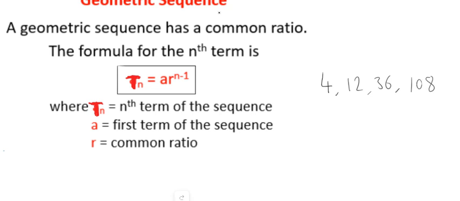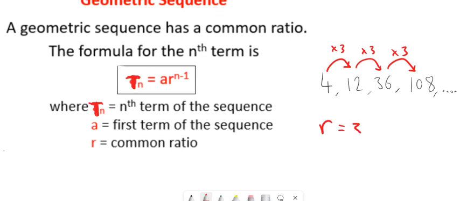If you analyze those numbers and try to figure out what's going on with the sequence, you should be able to see that it's being multiplied by 3 each time. So in this sequence, R would be equal to 3.